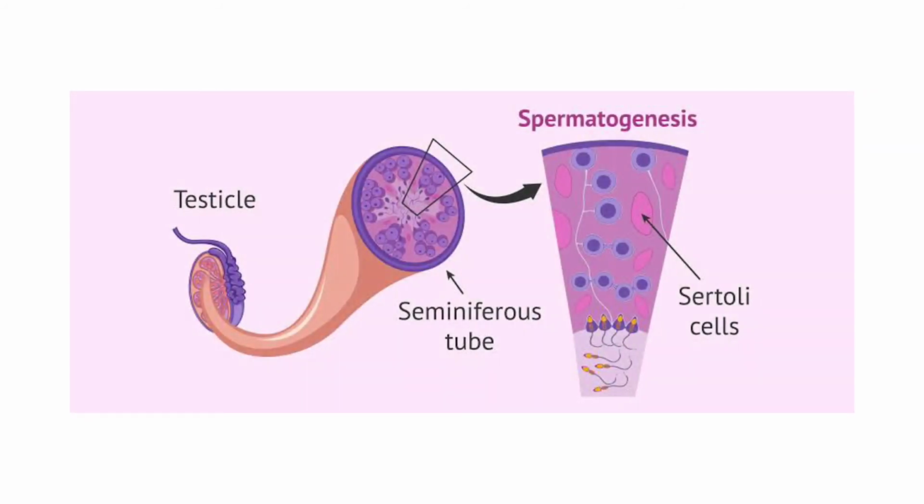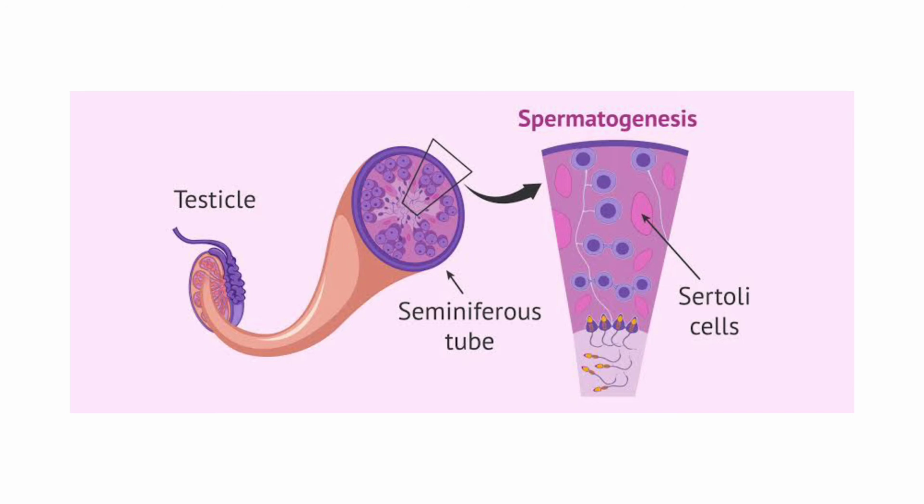Next we come to the Sertoli cells. These are also called nurse cells, or sustentacular cells or sustentocytes. They have multiple names, and they help in the development of the sperm.